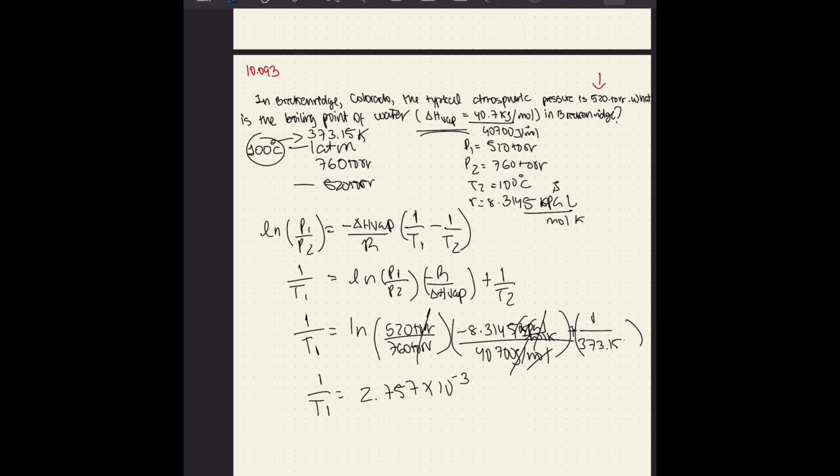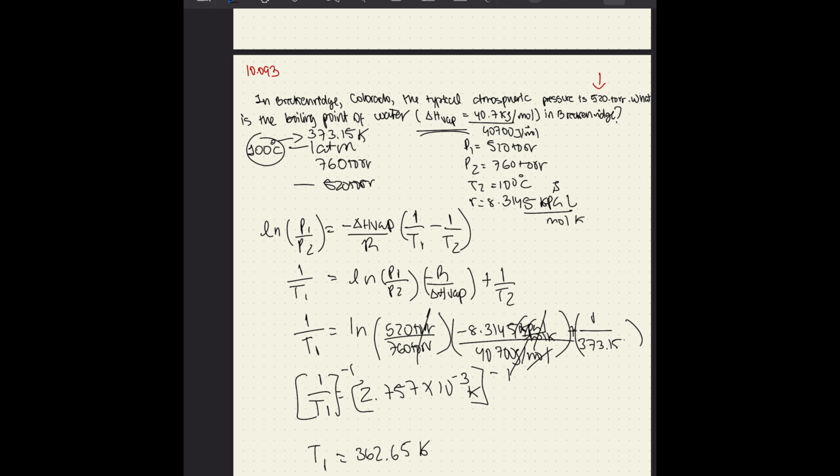But we actually need T1, so now we're gonna raise it to the power of -1, so it's flipped. That's an algebra rule. So now you get 362.65 Kelvin.